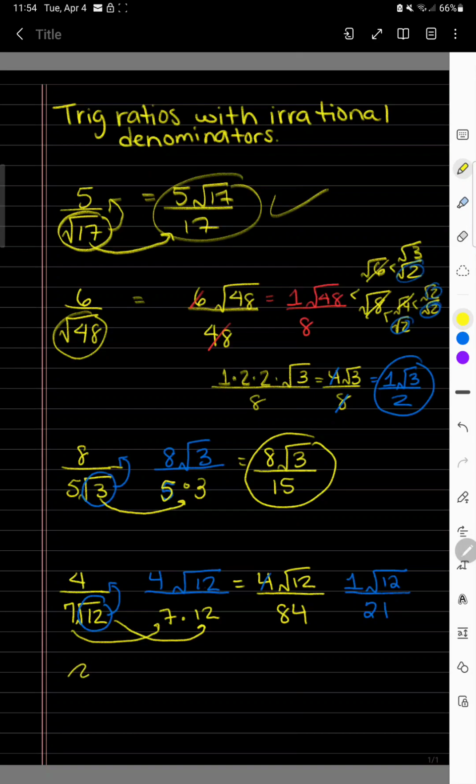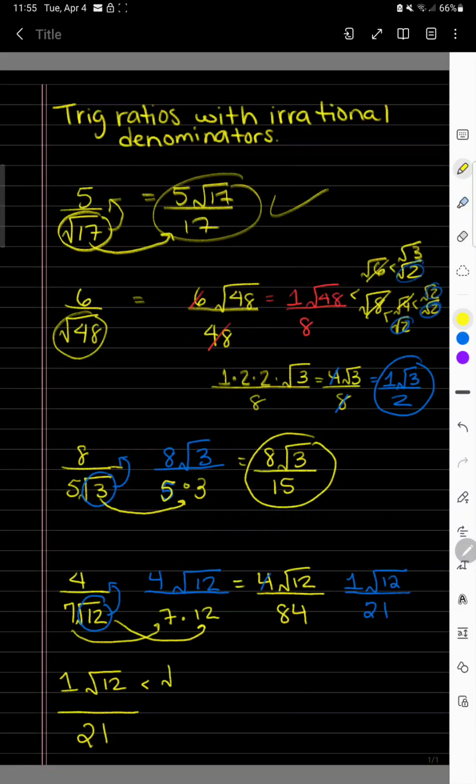So all we have to do now, even though the 12 is at the top, the number 12 inside the square root box can be broken down. So our denominator is already rationalized. It's 21. It's already done. But we do want to break down the 12 inside the square root box.